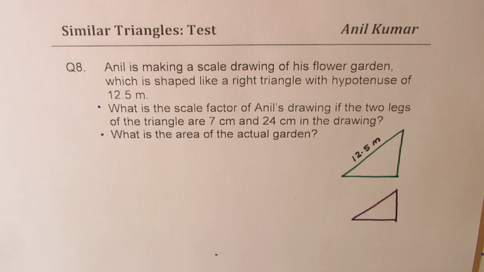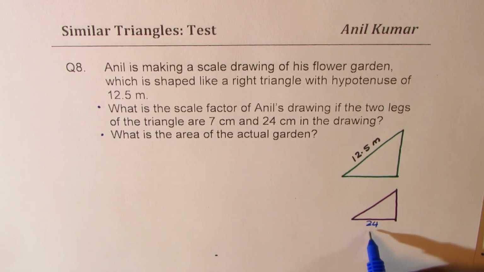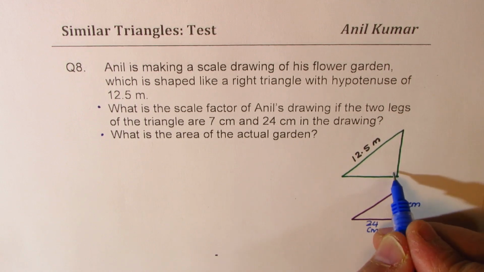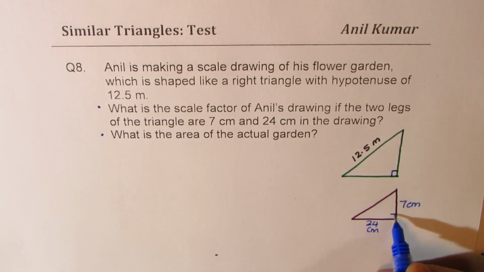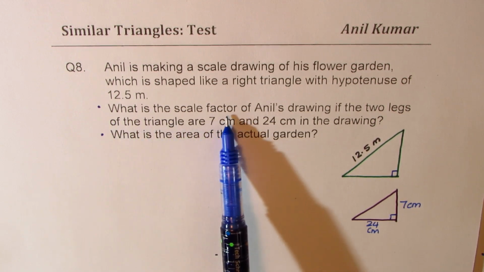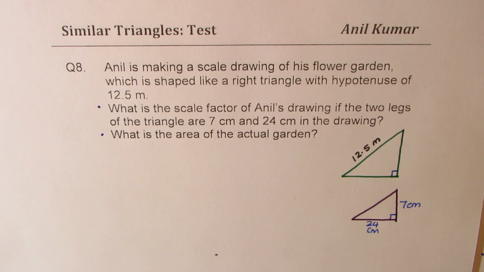Dimensions for the actual drawing are 7 and 24 centimeters. Let's keep this as 24 centimeters and this is 7 centimeters. So both are right triangles. So now I hope the situation is absolutely clear. What you need to do is, what is the scale factor of Anil's drawing?